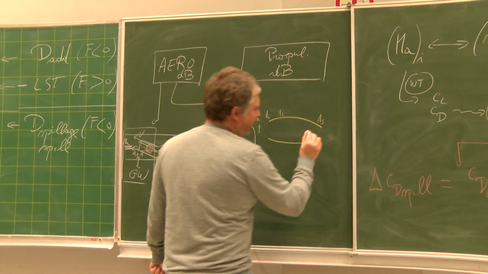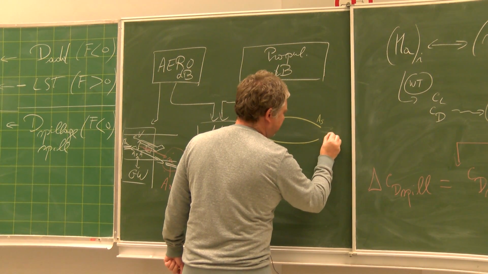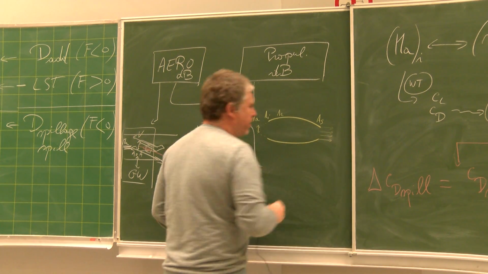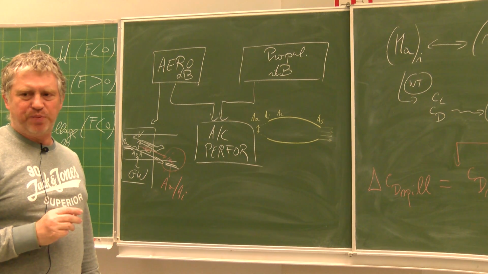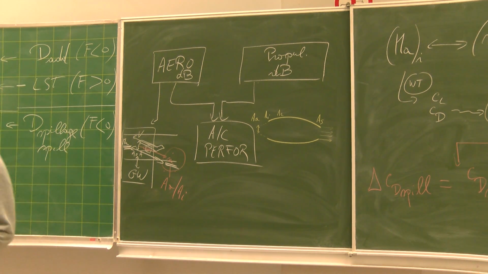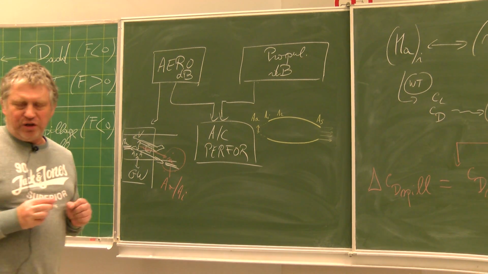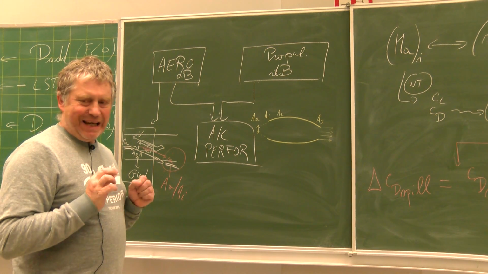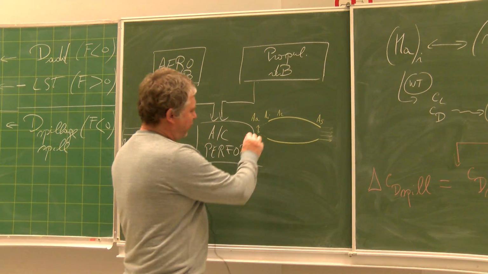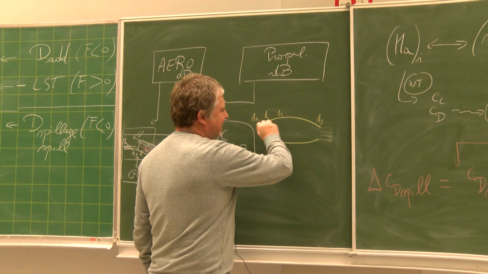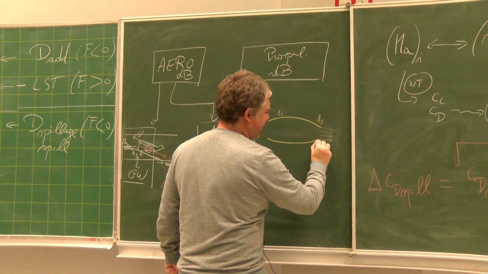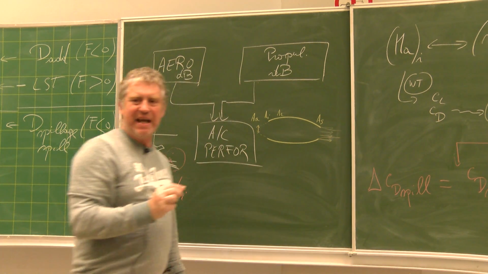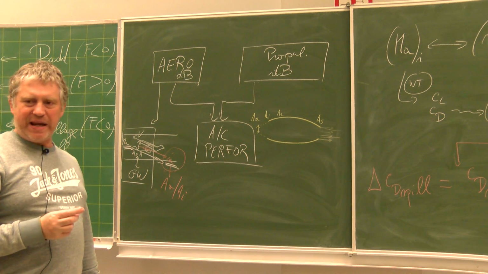In fact, we have always considered that the exhaust nozzle was delivering an ejection speed like this one. But the problem is there identical to what we have in the intake. So you see the intake has a shape like this, and here the exhaust has a shape that will make the exhaust go in this way.